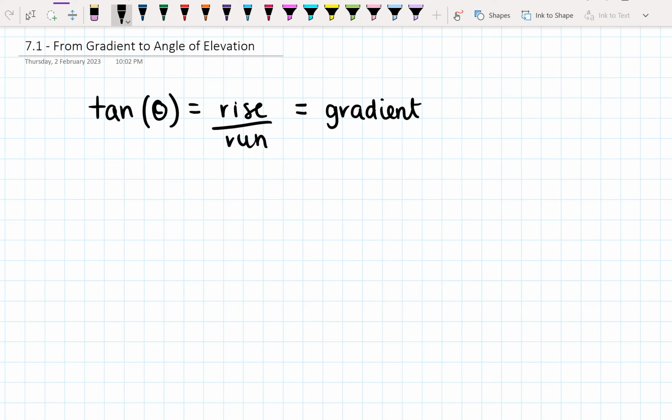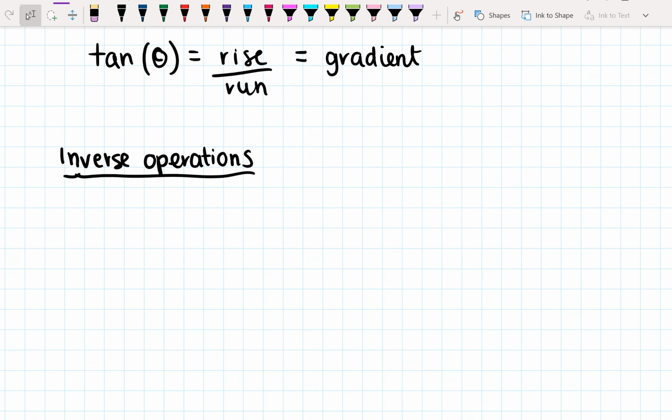I just want to go back to a few things first. Firstly, I want to talk to you about inverse operations. We're going to briefly discuss that first. Now, inverse is kind of similar to reverse. It's not quite, but it's close enough.